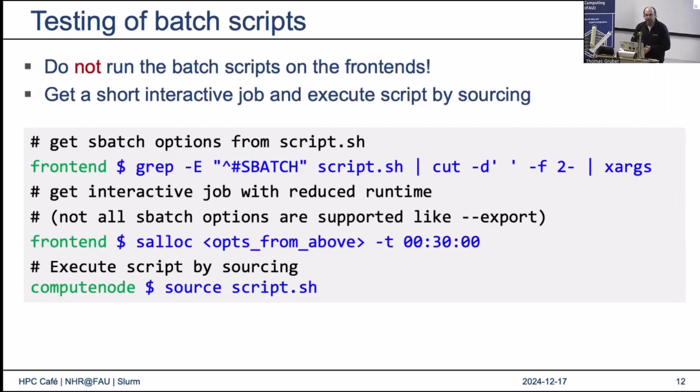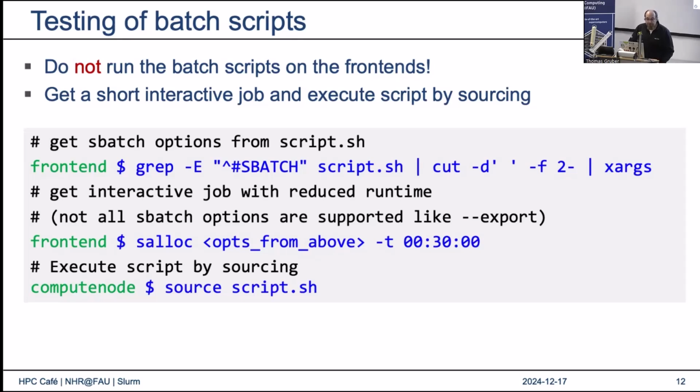One thing that came up more often in the support tickets is how do I test my batch scripts? This is a common problem. You wrote a batch script and either you fire it up on the cluster and it fails quite fast, or you are really good at writing shell scripts and you made it right the first time.